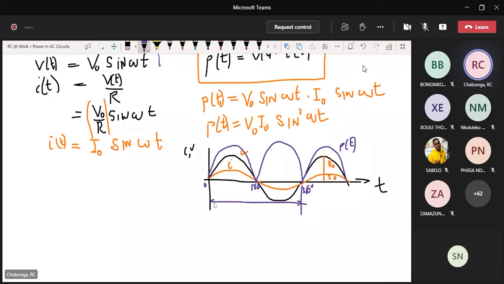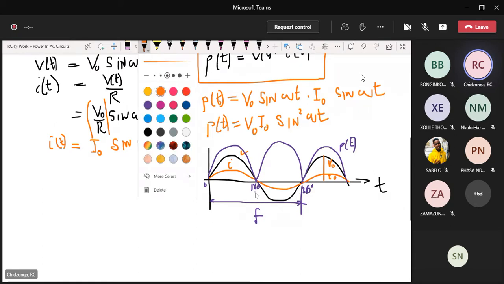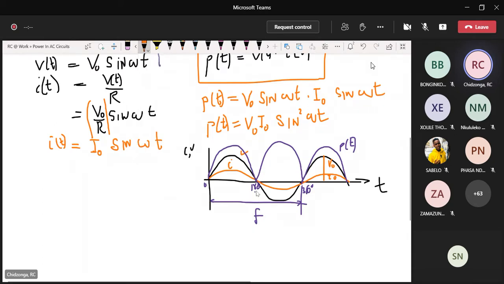You see? So if that frequency is F, if you look at the power signal, it is repeating only here. You see, it's repeating right here. Sorry, I wanted a different color.